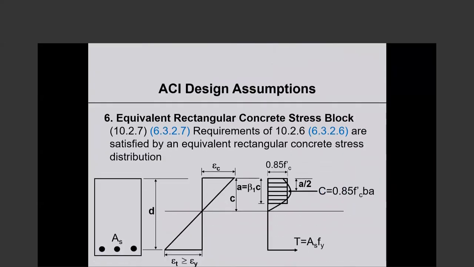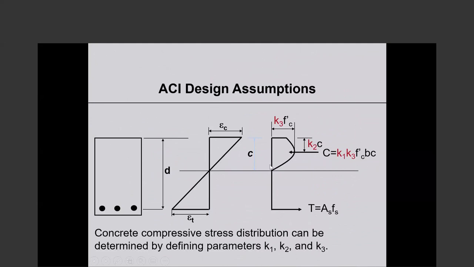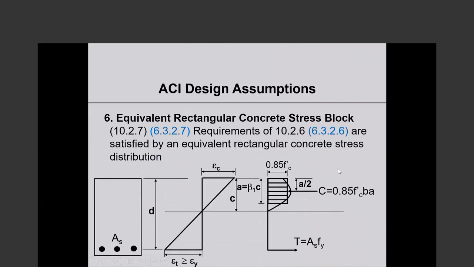Now, equivalent rectangular stress block. So stress-strain distribution is nonlinear. If you follow the nonlinear stress-strain distribution, this is your compression block in the concrete. And to do anything with this, we need to determine k1, k2, k3. Okay.